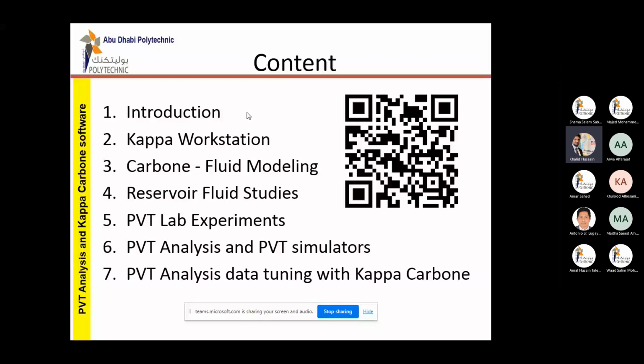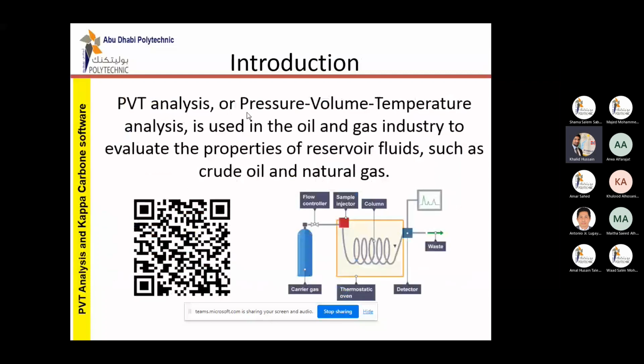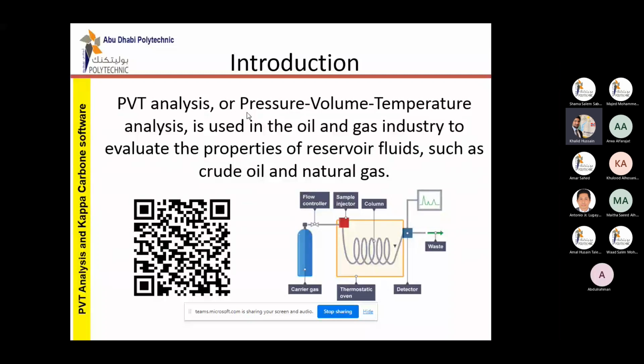So what types of analysis will we have? Let's see. Introduction, this is the link for Stratum. PVT analysis, pressure volume temperature, is used in the oil and gas industry to evaluate the properties of reservoir fluids. Do you know any property of reservoir fluid that we can be interested in? API.